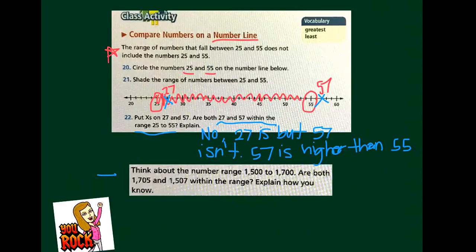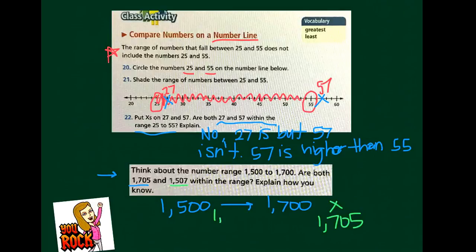Now, without a number line, I have to think about the number range from 1,500 to 1,700. Are both 1,705, which would be after, so 1,705, and 1,507 within the range?